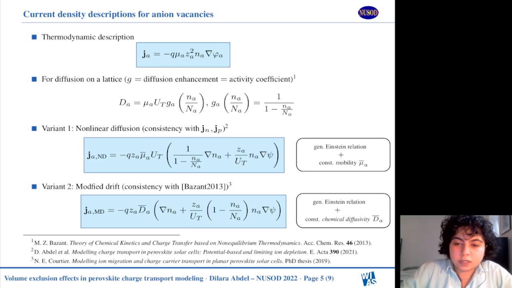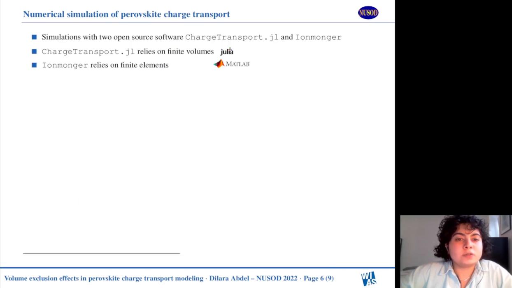Thus, in the following, we will look closer at their numerical performances. For this, we use two open source software tools, ChargeTransport and Ironmonger. While ChargeTransport relies on finite volumes implemented in Julia, Ironmonger is based on a finite element method written in MATLAB.